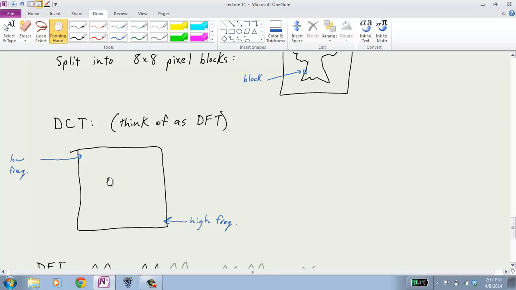Pixels next to each other are very correlated. Often they'll be the same color, right, if you have a high resolution image. So what you'd like to do when you compress is that correlation, you'd like to take advantage of it. And one way to do that is if you can transform in such a way where the correlation all kind of clumps together on just a few elements, then that's going to help you in compression.